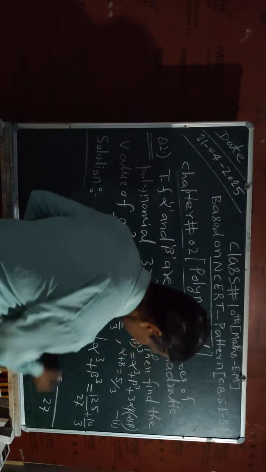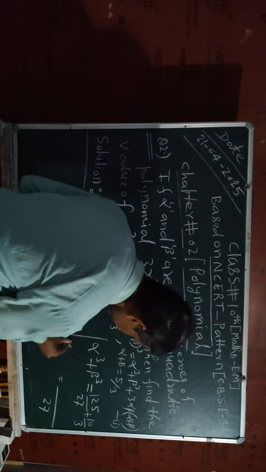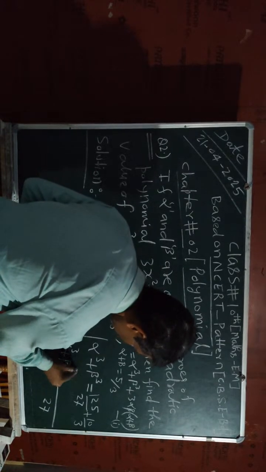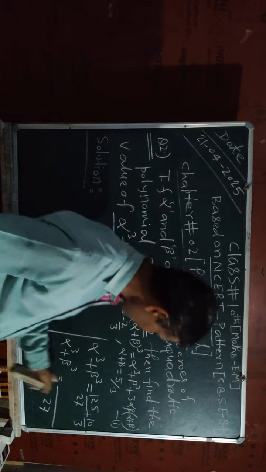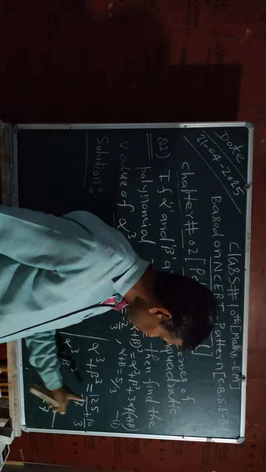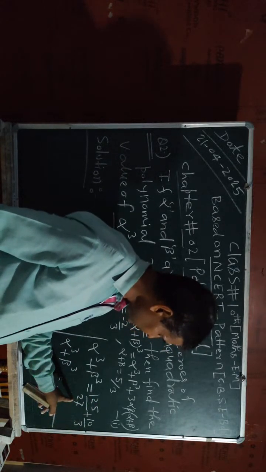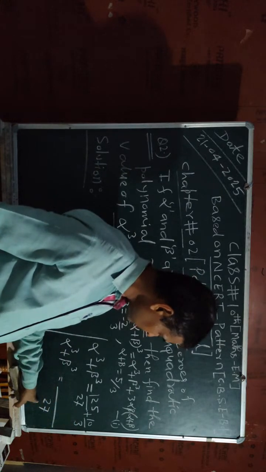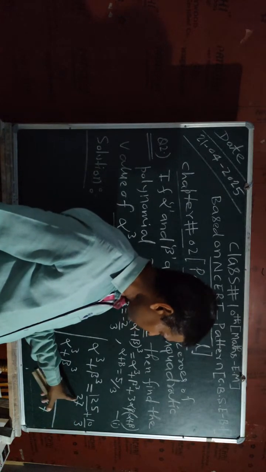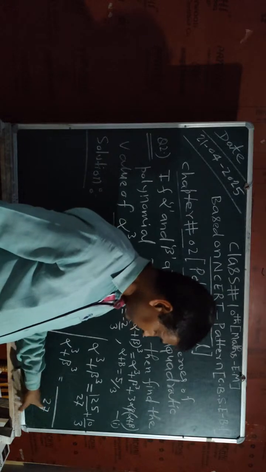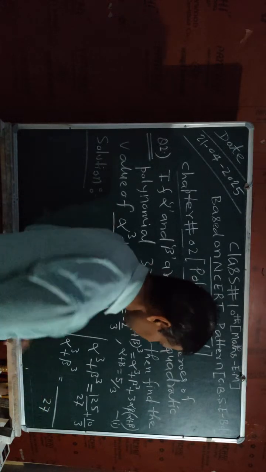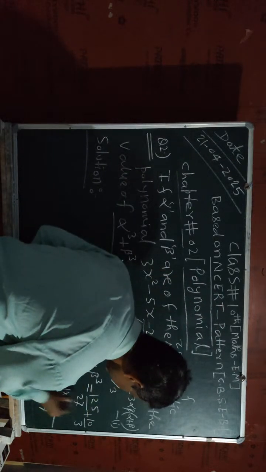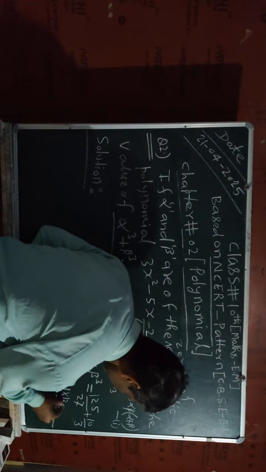Now here I will write in the left hand side alpha cube plus beta cube. Now in the right hand side this much is available, so I will take the LCM of 3 and 27, that will be 27. Now I will divide 27 by 27, that will be 1, and 1 is multiplied with 125.